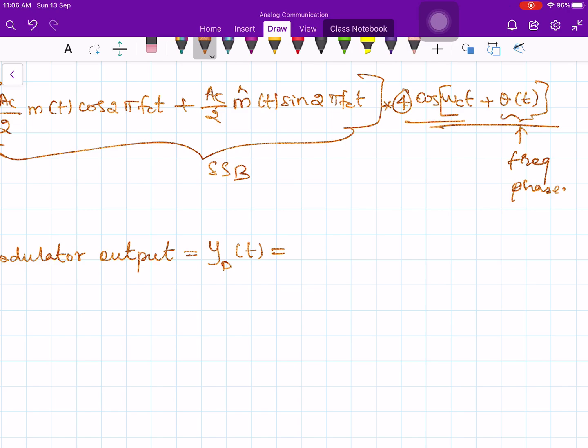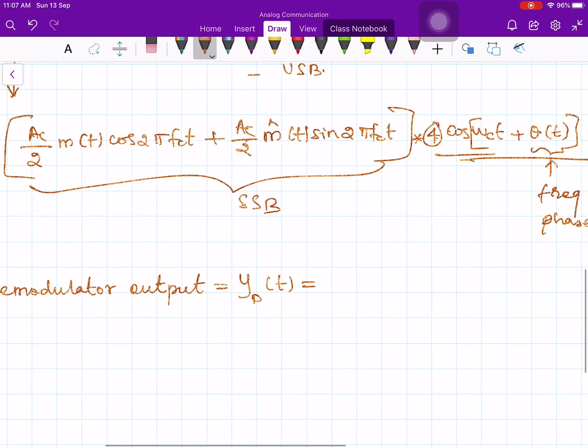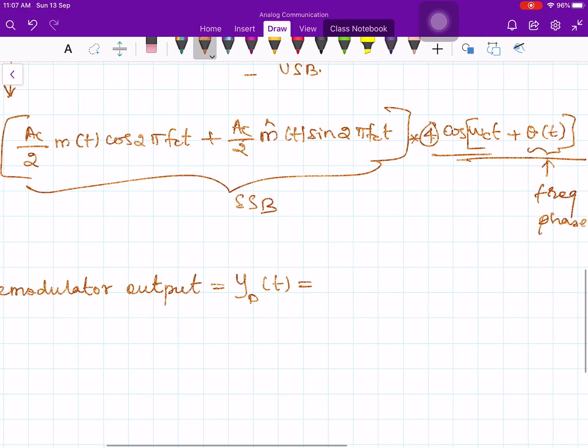Once you multiply this signal with cos(omega ct plus theta of t) and then pass it to a low pass filter, your demodulator output will be y of t, it's very simple.